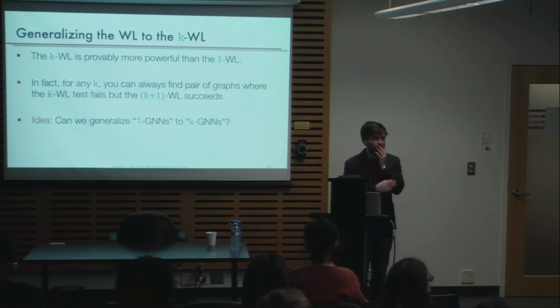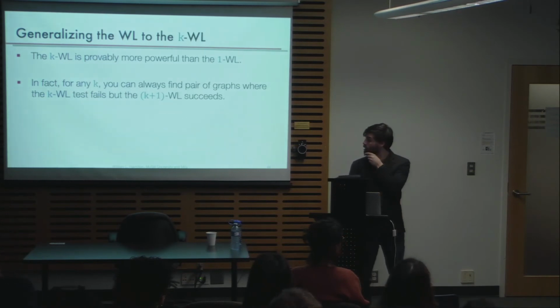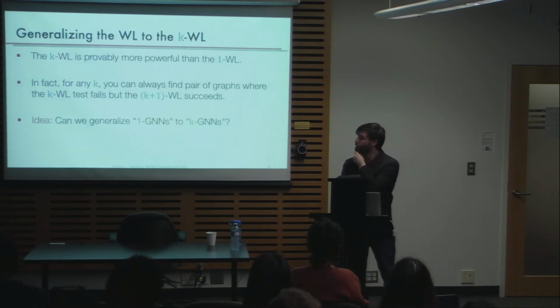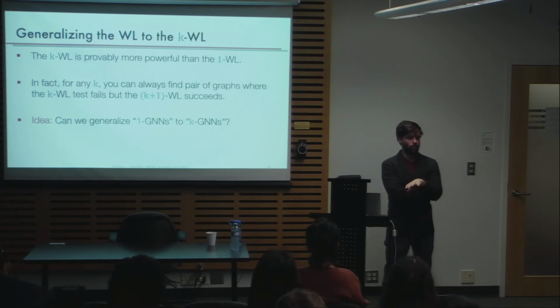Sorry, just trying to follow. What do you mean by one algorithm being more powerful than another? Oh yeah, what we mean by more powerful is that if you have the k-WL, you can always find a pair of graphs that are not the same where it thinks they're the same. And then if you do a k plus 1 WL, when you make k high enough, you'll be able to detect that those graphs are actually different.